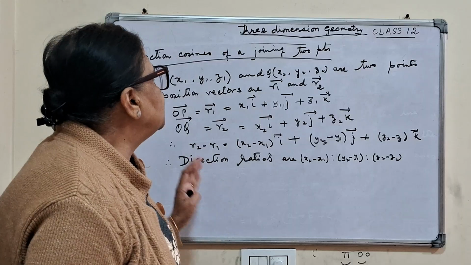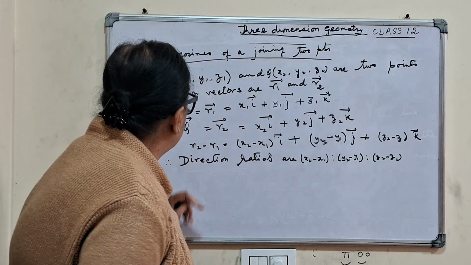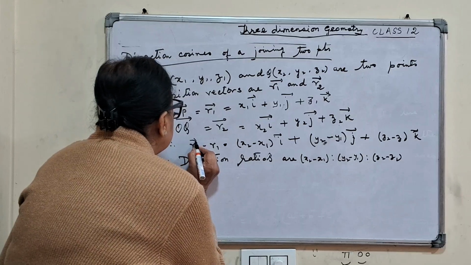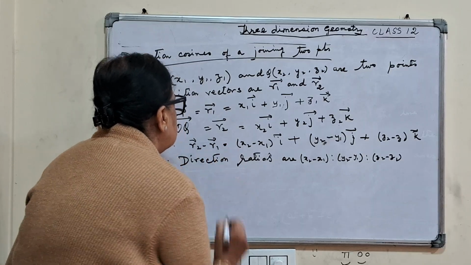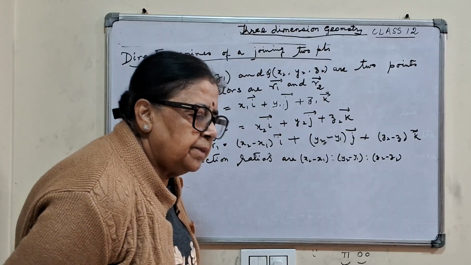So that means if 2 points are there, this is R2 vector minus R1 vector, done.